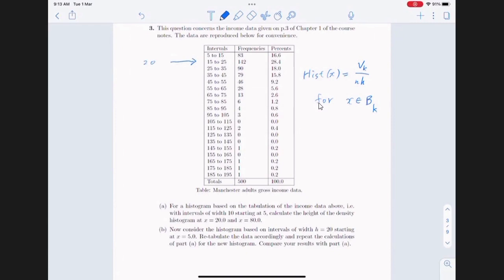So the histogram density at 20 will be equal to 142 divided by the sample size, which is 500, and the width of the interval, which is 10. From 15 to 25, the width is equal to 10. And this will give us the answer.